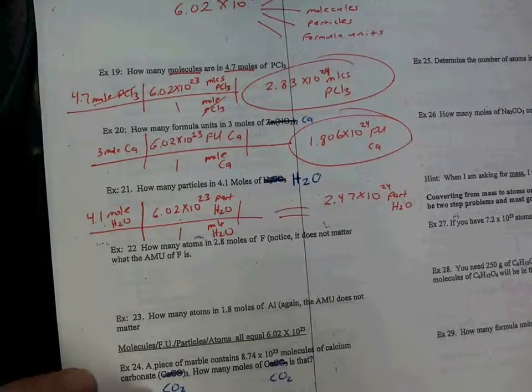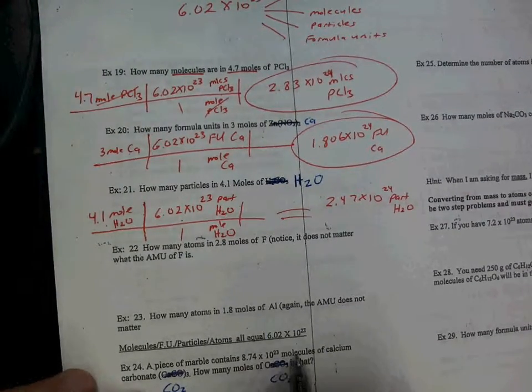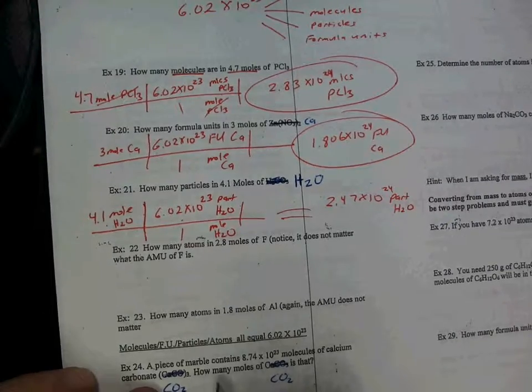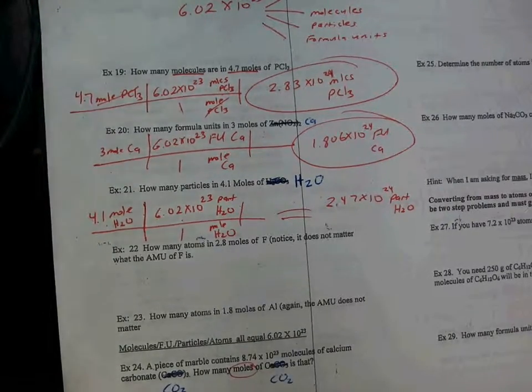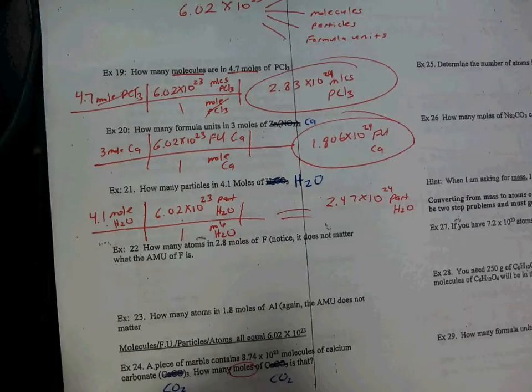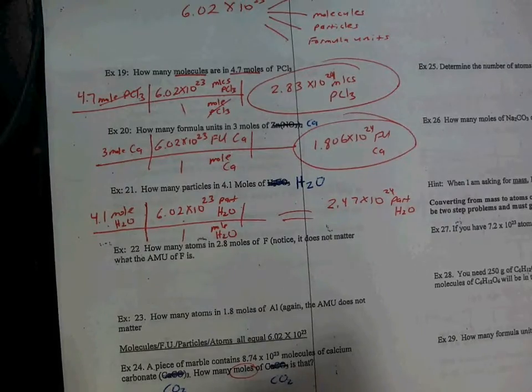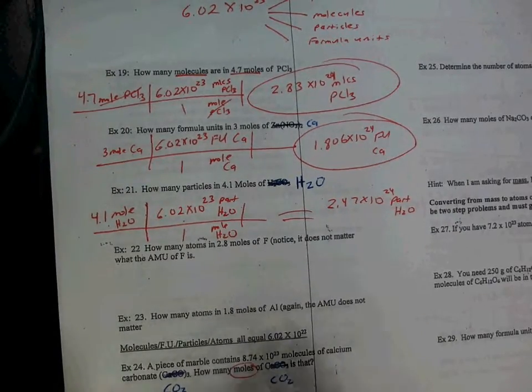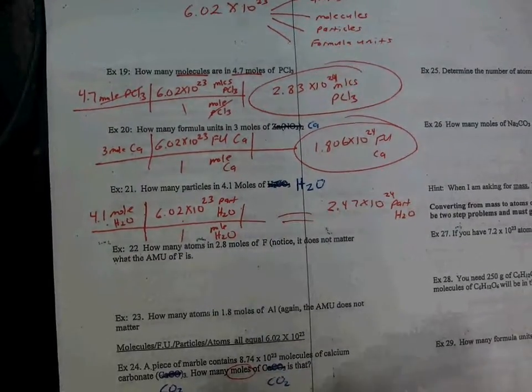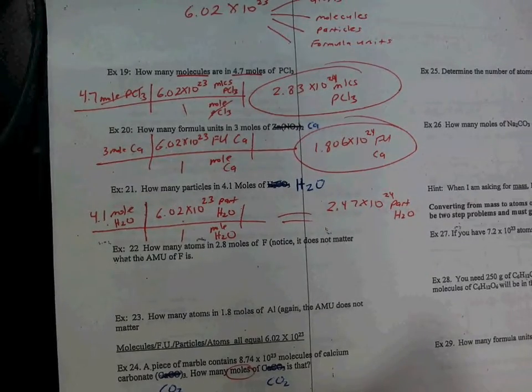Let's just change it to CO2. It doesn't matter what it is, so that's easier to write. Okay. So I have this many molecules of CO2. How many moles is that? So I start off with 8.74 times 10 to the 23rd molecules of CO2.